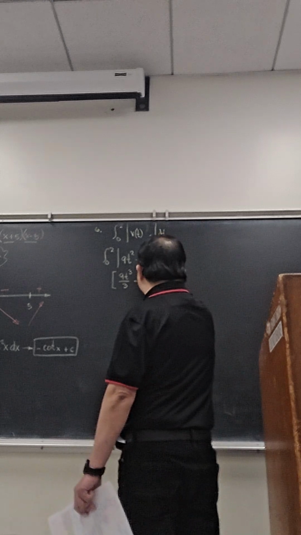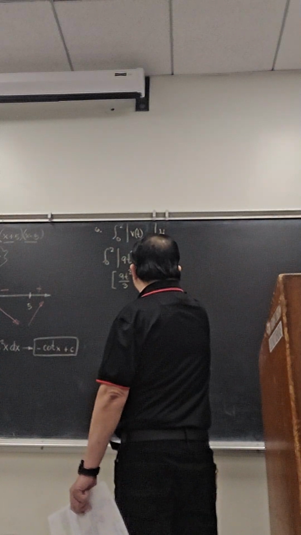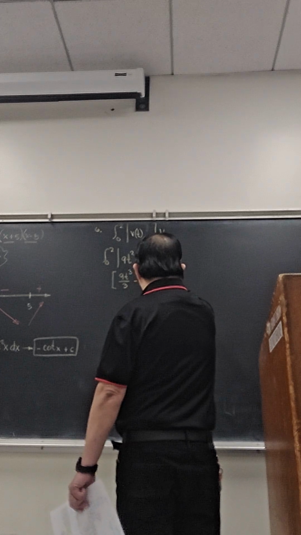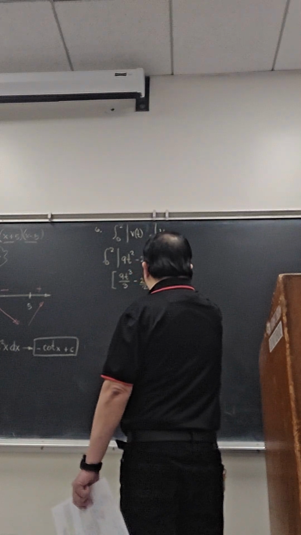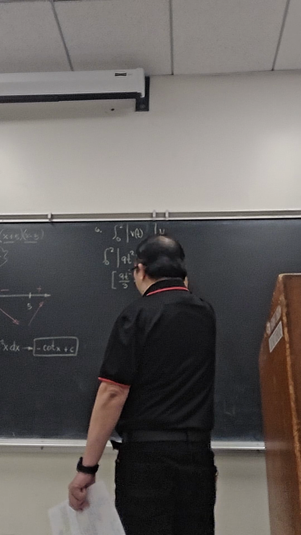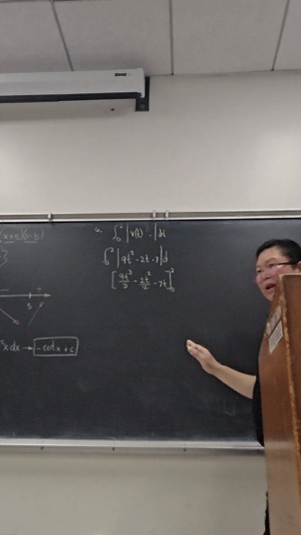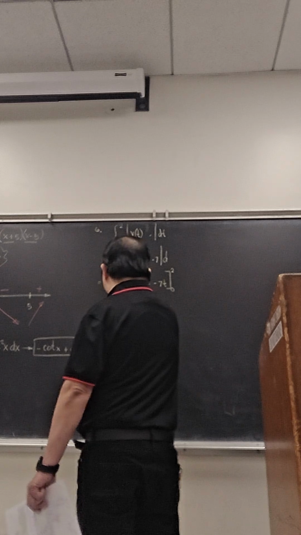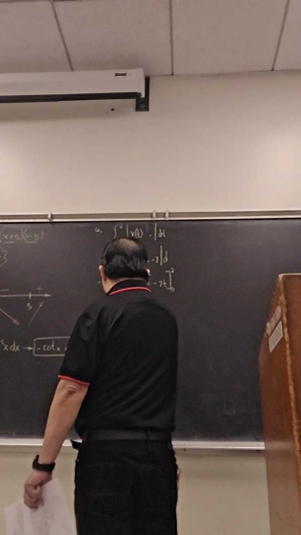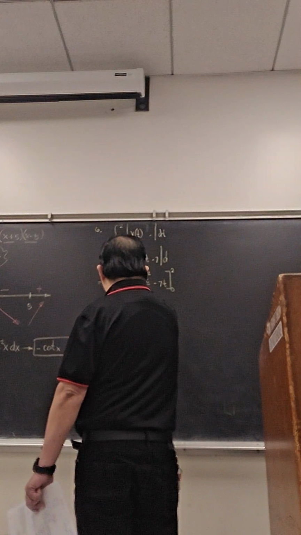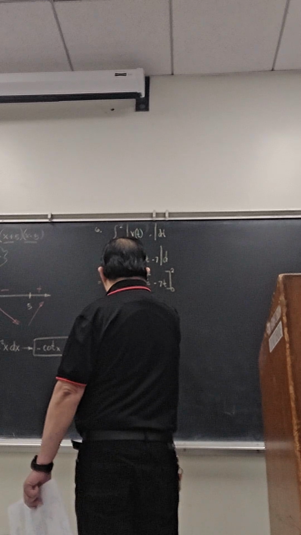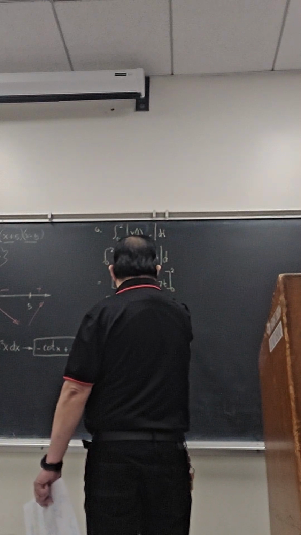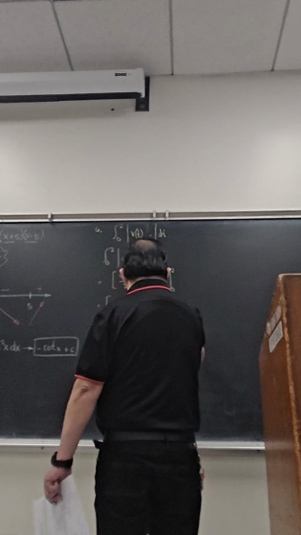Okay, minus 2t squared over 2 minus 7t, evaluated from 0 to 2. And then we clean this up. Okay? So this implies 3t to the power of 3 minus t squared minus 7t from 0 to 2.